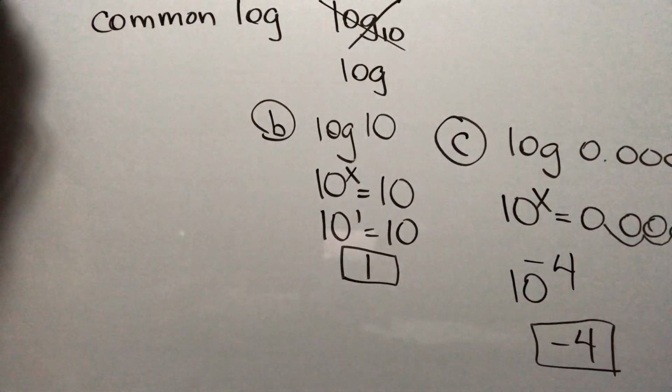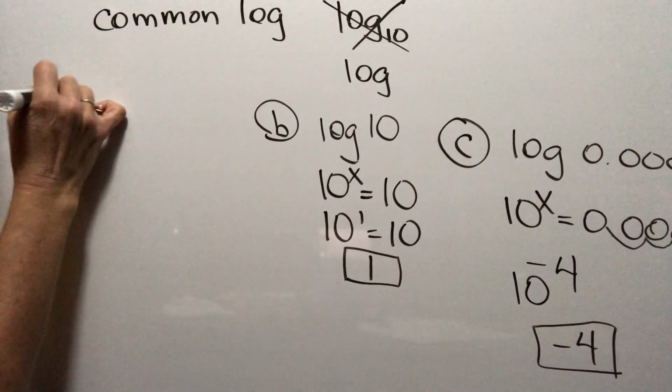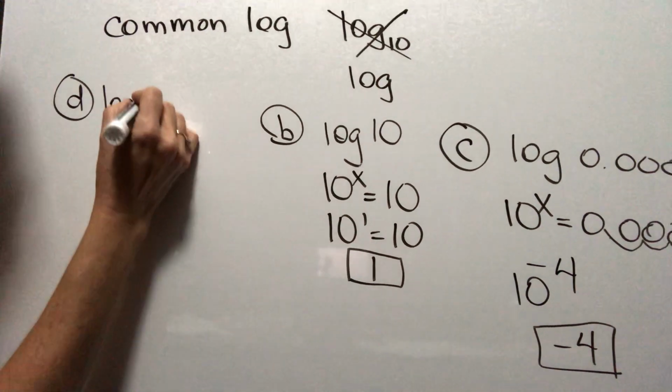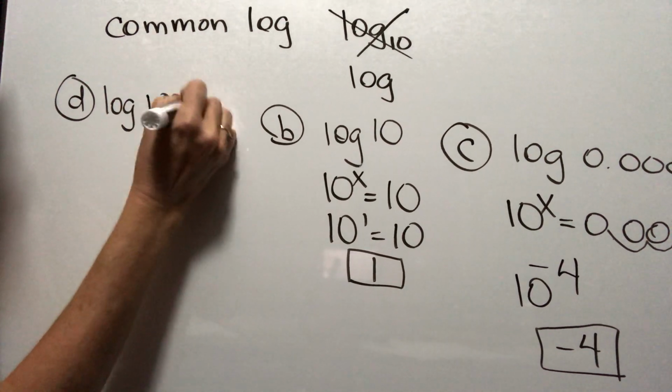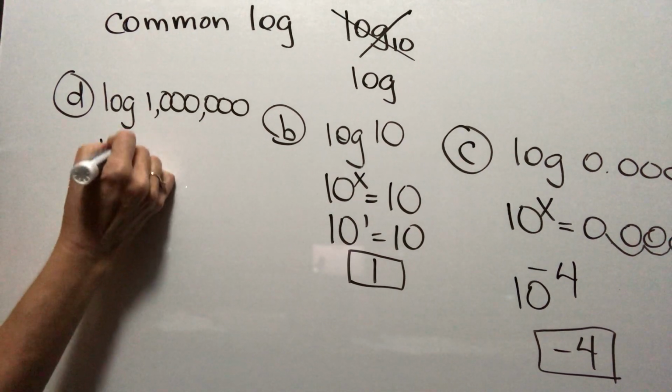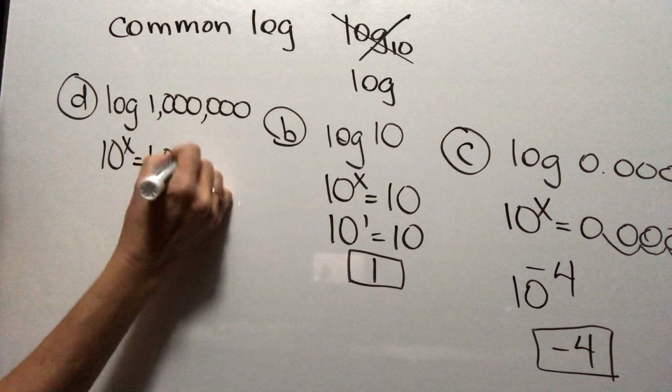And the last one in that section is an easy one. It is the log of, let's see what number that is, 1 million. So you're trying to figure out what power of 10 would give you 1 million.